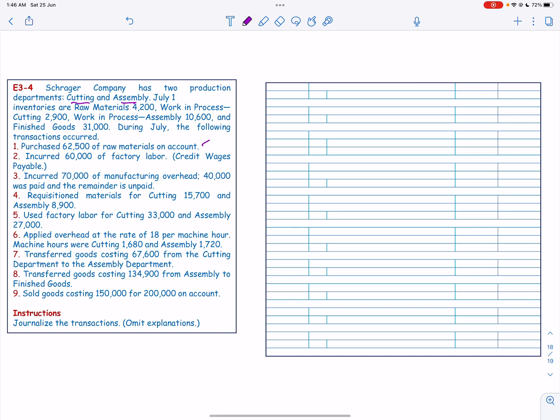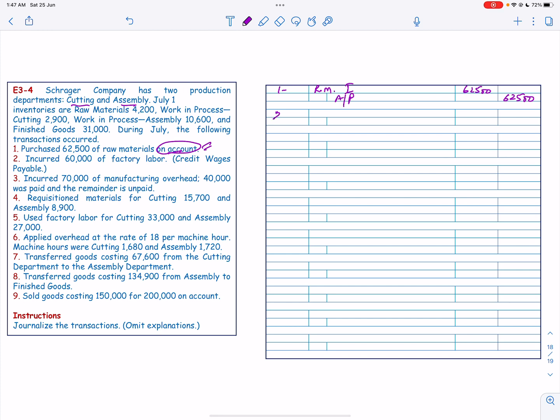Now, first of all, there is a purchase, so we have the first journal entry. So we are purchasing raw material. So raw material inventory will be debit by 62,500 and accounts payable is credited by 62,500 as they are purchasing on account.